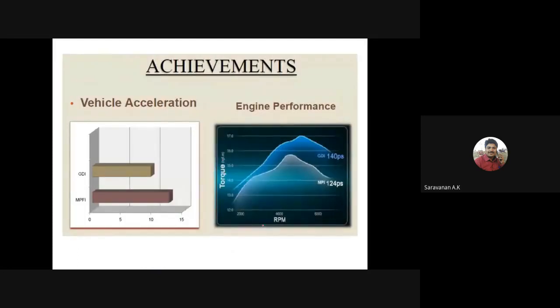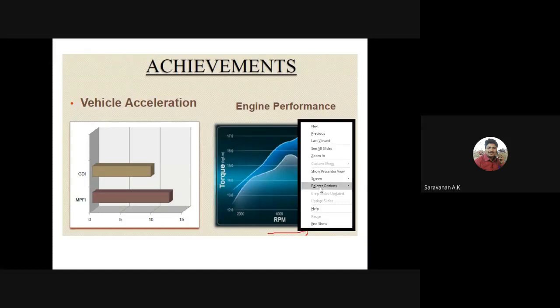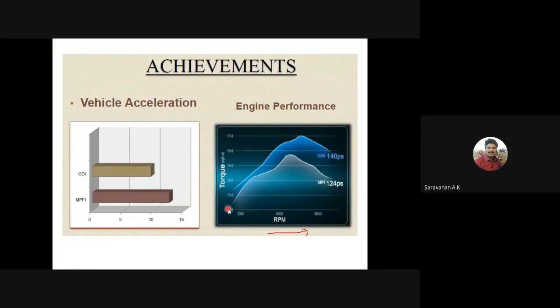Here you can see the engine RPM increases, and at the same time the load also increases, meaning the conventional engine will produce less power.